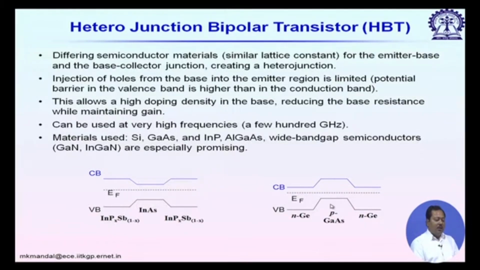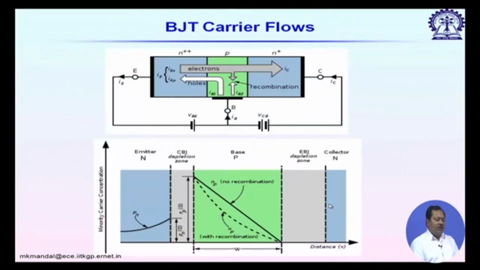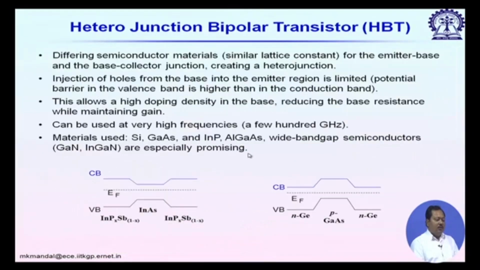Now, if I go back to the basic BJT operation of an NPN transistor, you see the emitter injects electrons, and from the base we have a problem due to the holes. Now, if I look at the band diagram, electrons in the conduction band contribute to the conduction current, and the holes in the valence band also contribute to current.